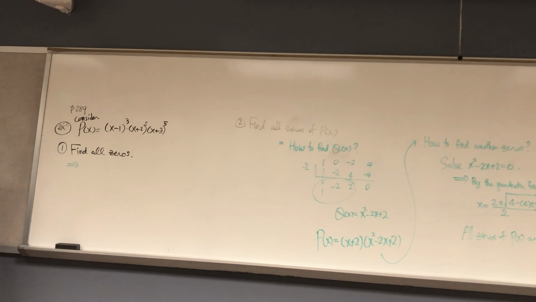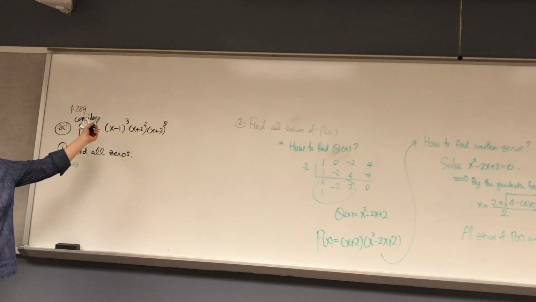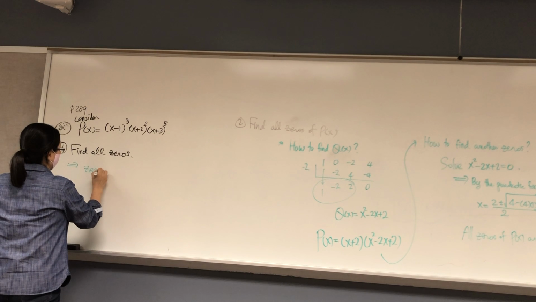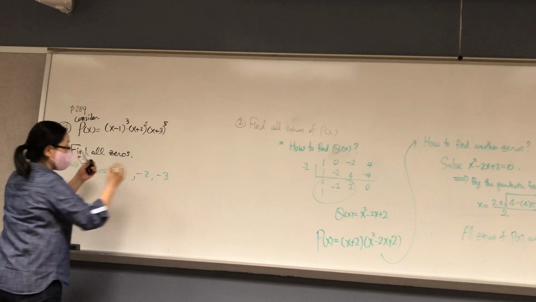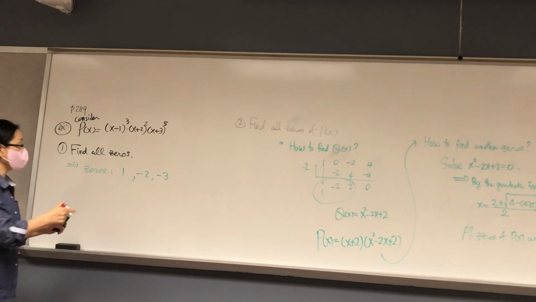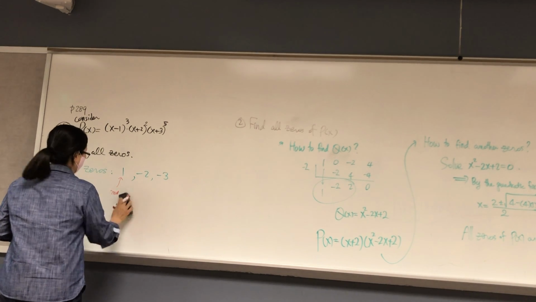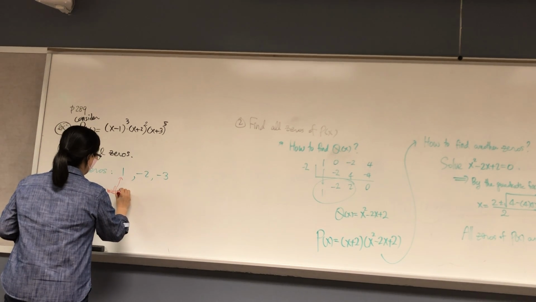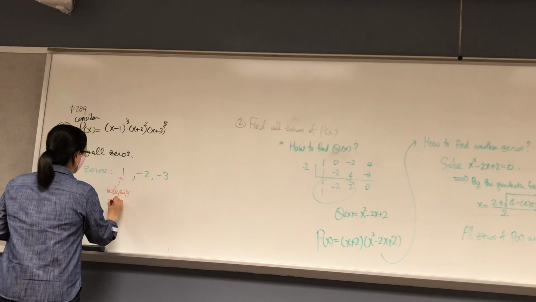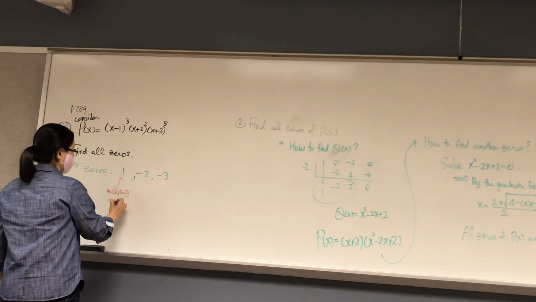How many zeros should you find? 10. It's a factored form, so what are your zeros easily? 1, negative 2, negative 3. It's only 3 distinct ones. Why? Because there is multiplicity.